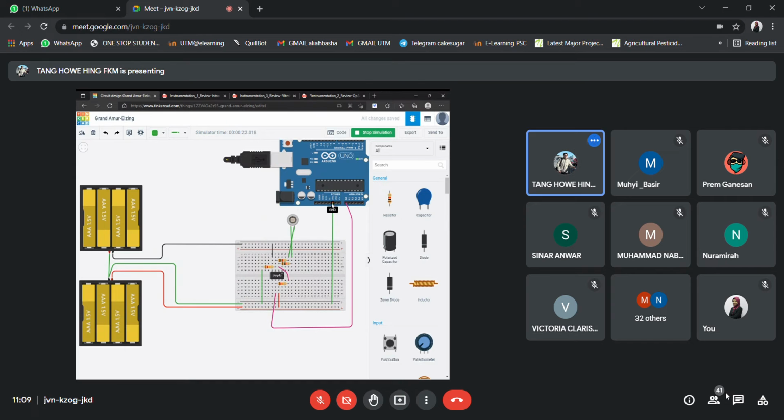Although the simulation seems like there are no issues, in real life most probably you may damage your Arduino. So it's not a very good way of doing this. Unless we power it directly over here, but this is also another issue, that you are only receiving 1.5 volt.